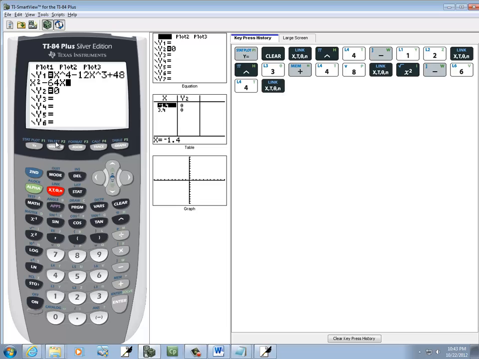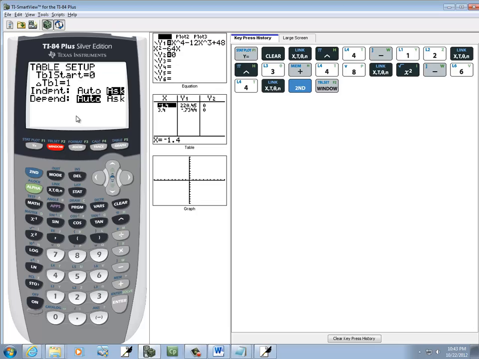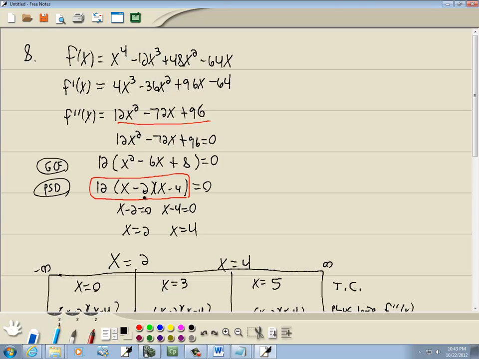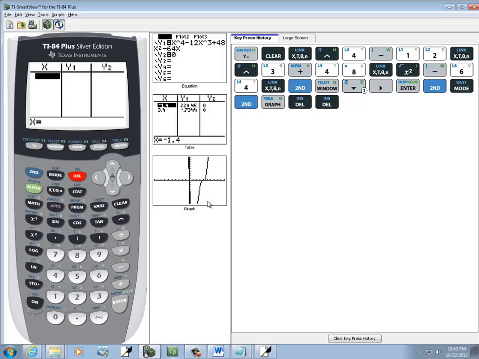Now I want to go to table set. If I do second window, that'll go in my table settings, or table setup, I guess I should say. And you see where it says independent? You want that to say ask. So if it doesn't say ask, down arrow to it, and right arrow, and have your flashing cursor on the ask and press enter. Now I exit out to second mode, and now if I go into table mode, if I do second graph, well, now we can plug in those values directly, like 2.